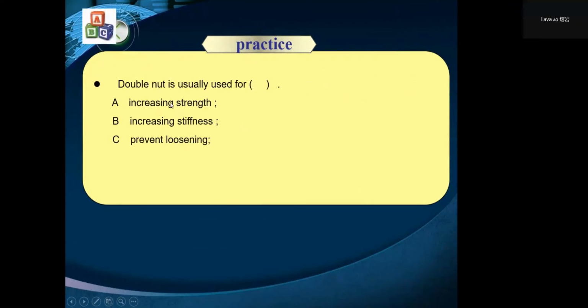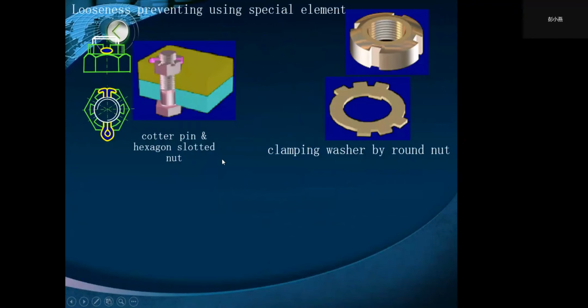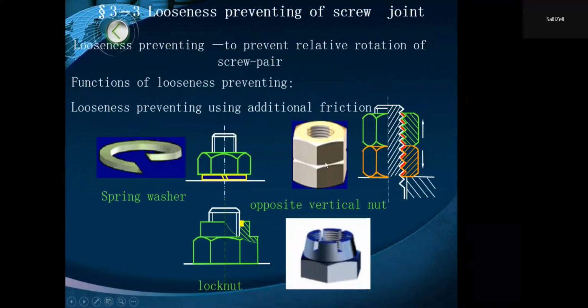A double nut is usually used for A. Increasing strength, B. Increasing stiffness, C. Preventing loosening. So choose which for the double nut?